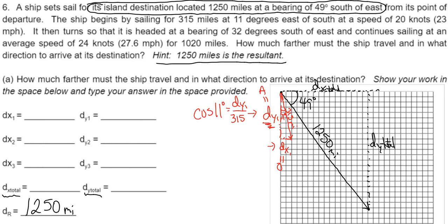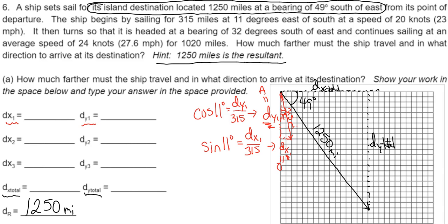For dx1, the opposite side, opposite over hypotenuse is the ratio for sine, so sine of 11 degrees is equal to dx1 over 315. That's how I'm going to find dx1 and dy1.